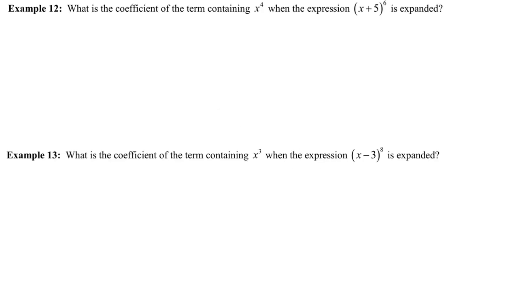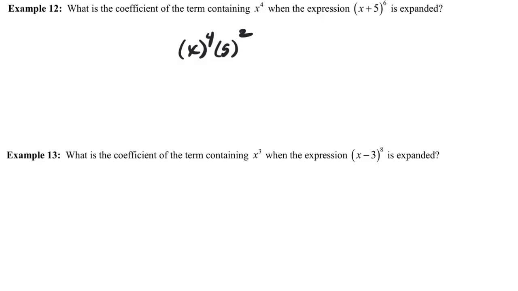All right. So here we have a little bit different way to ask a question. But you know what I'm going to do? I'm going to go ahead and use the binomial idea and not Pascal's triangle on this one. So I'm looking for the term that will have x to the 4th, which means the second one, the 5, has got to be squared.